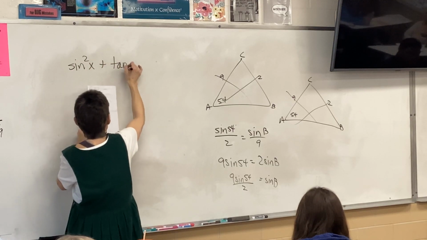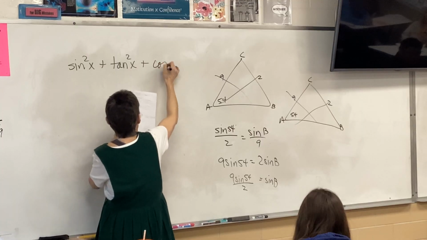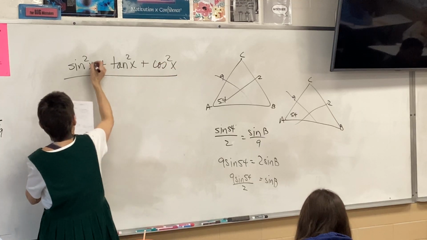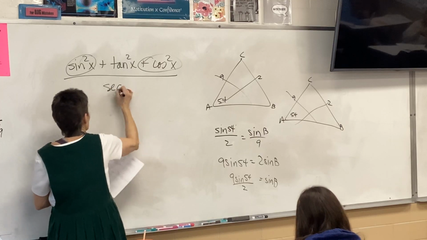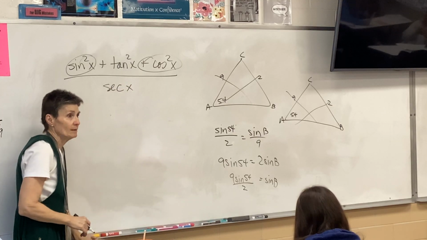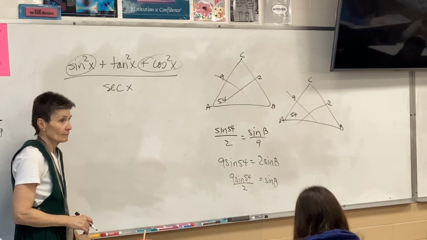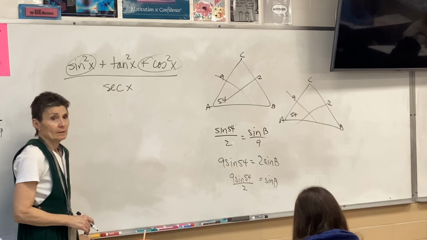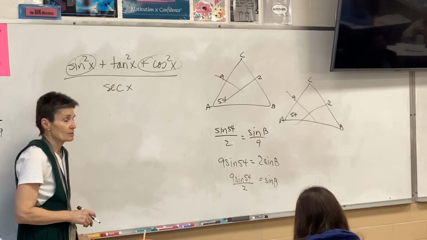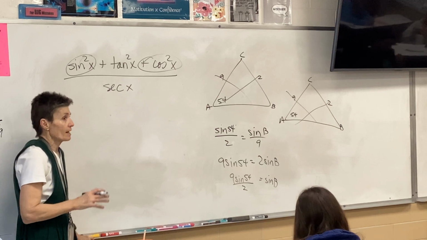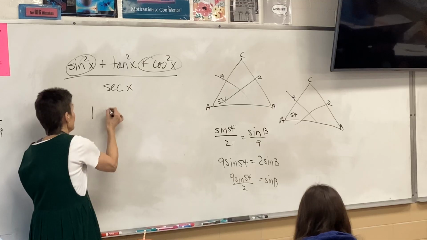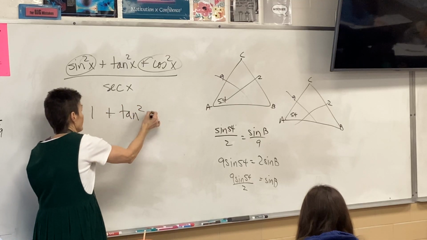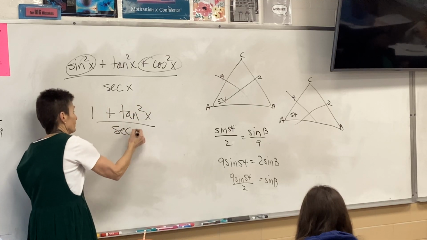Anytime, boys and girls, that you see a sine squared plus a cosine squared, you are going to make that a 1. That should be automatic for you. Sine squared plus cosine squared is 1.